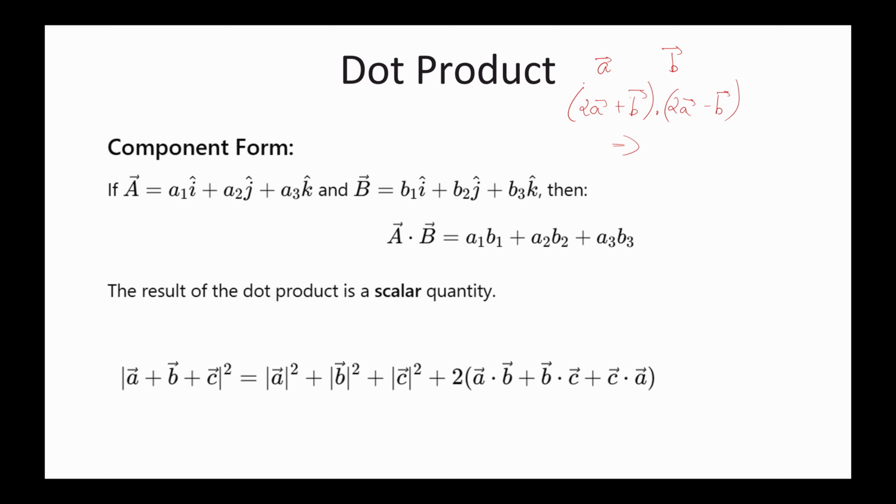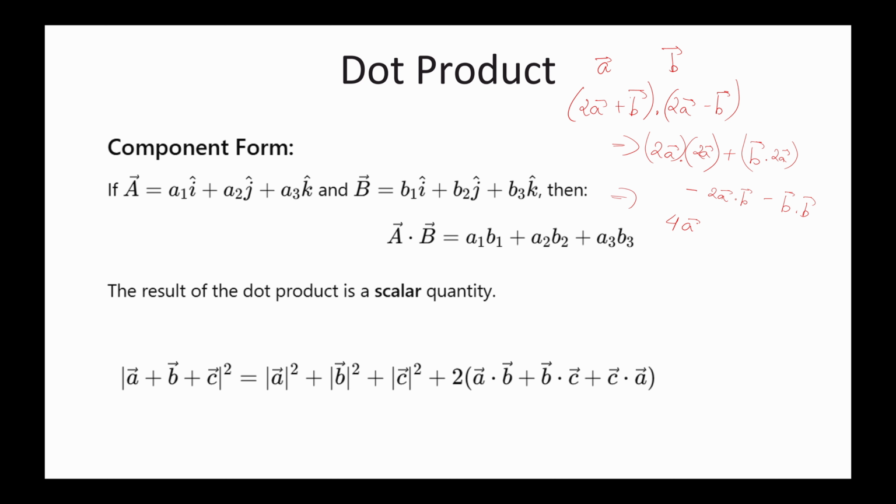First, I would do this simply as I do multiplication of two different terms. So first, I would do 2a vector dot product with 2a vector plus b vector dot product with 2a vector, plus 2a vector dot product with b vector, sorry, this would become minus because we have minus b here, and minus b vector dot product with b vector. So what would this turn out to be?